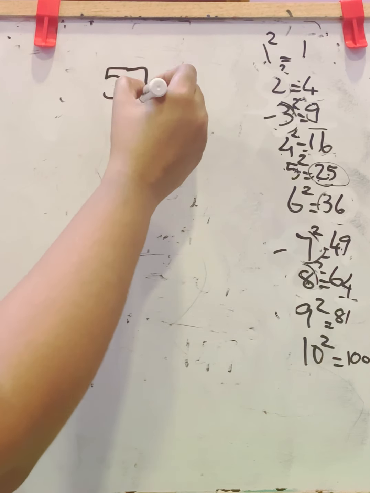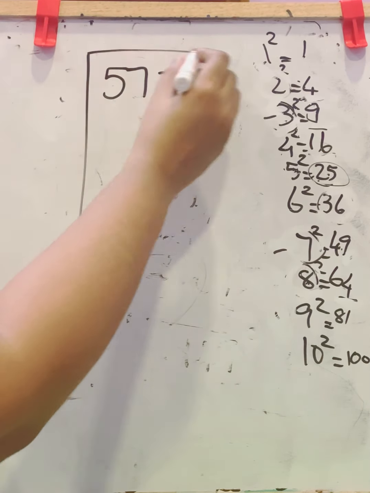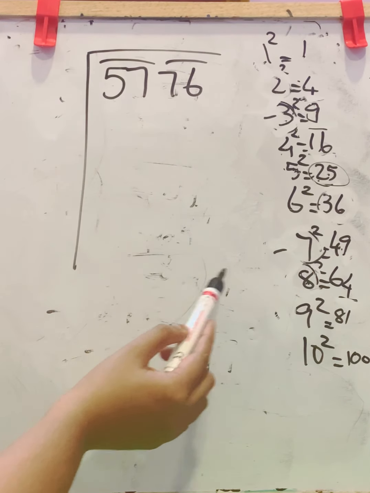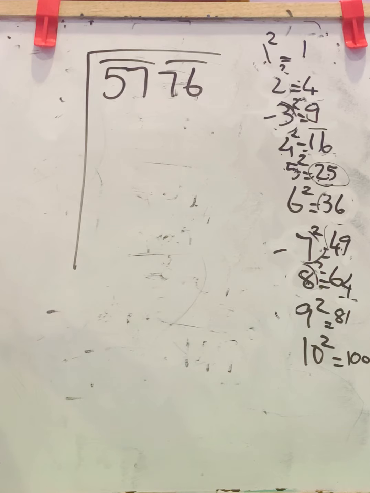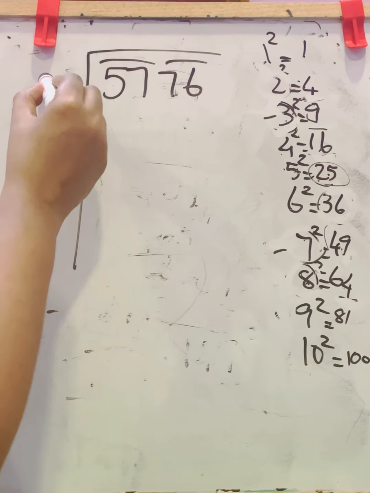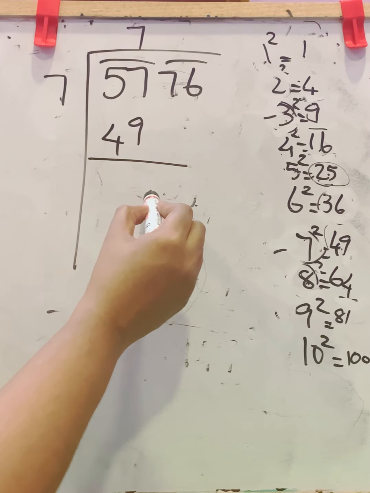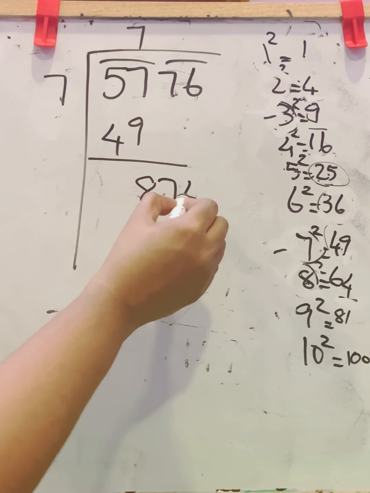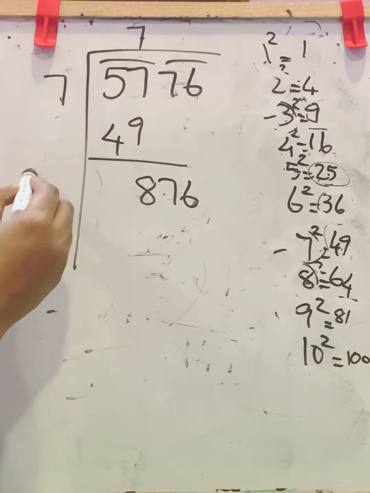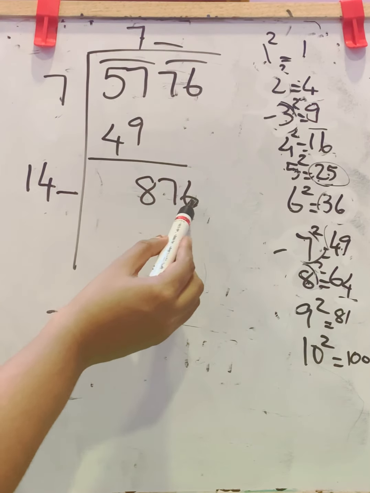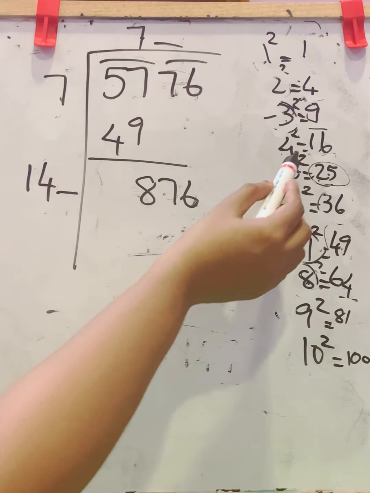Next, 5776. Pair it. 57 lies between 49 and 64 and the smallest perfect square is 49. That means 7 square. So write 7 7s are 49. Subtract it, you will get 8. Carry down the 76. Now double this number and write here. 7 2s are 14. Put a dash here, dash here. Ending digit is 6. So check here.